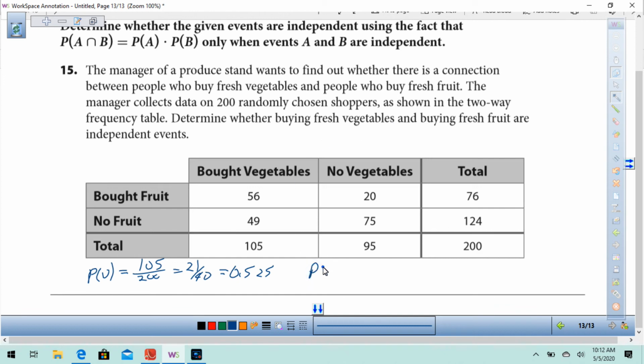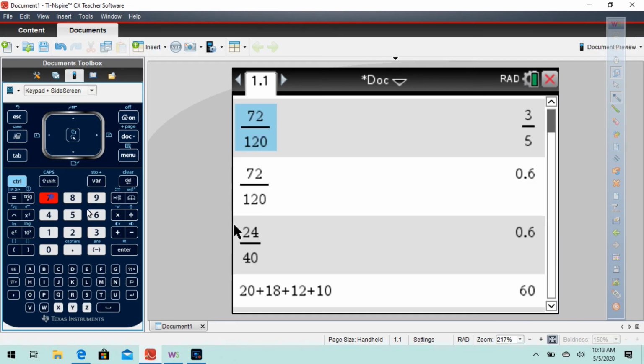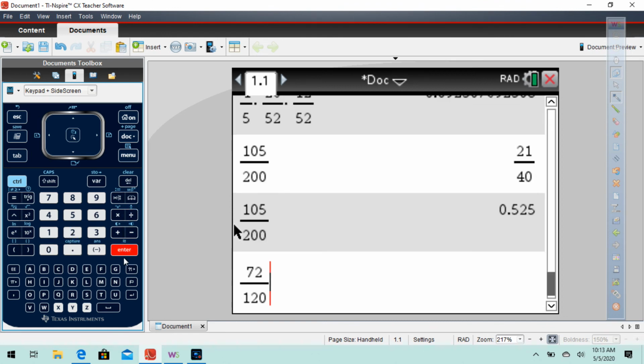So what's the probability of fruit? Let's see here. Bought fruit, I'm thinking 76 over 200. Well, how in the world did I get that?